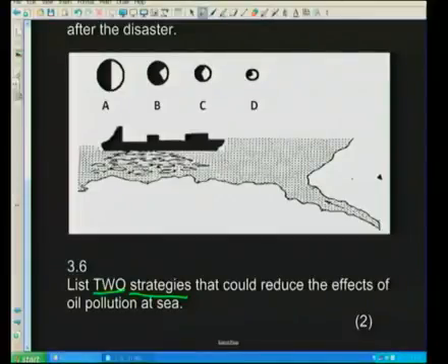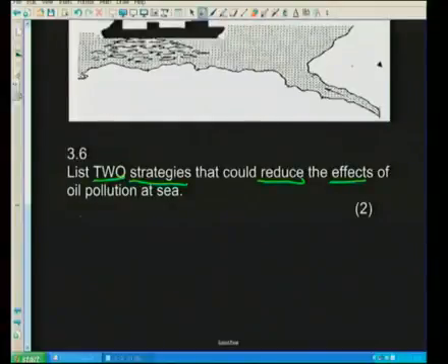All right, so it says list 2 strategies that could reduce the effects of oil pollution at sea. Now, if I just look at my picture, I can actually work out what can they do to reduce the amount of oil spillage. Let's extend this page, and let's say first point.